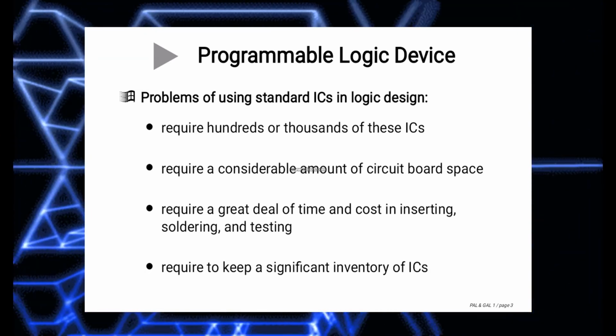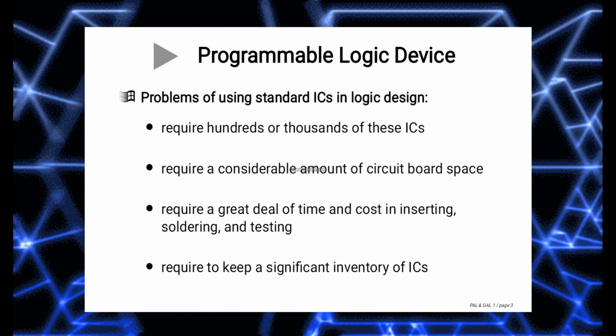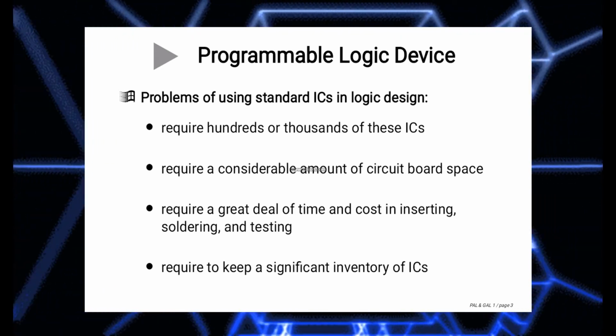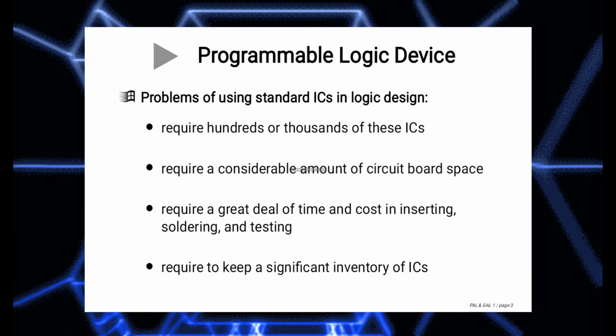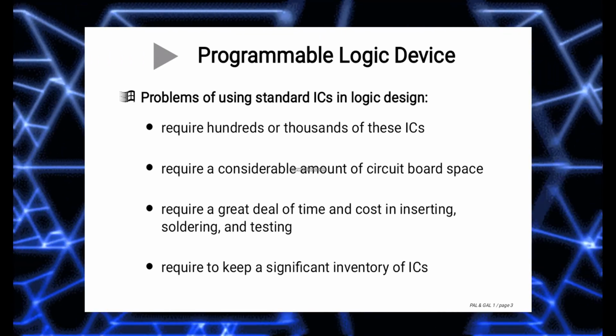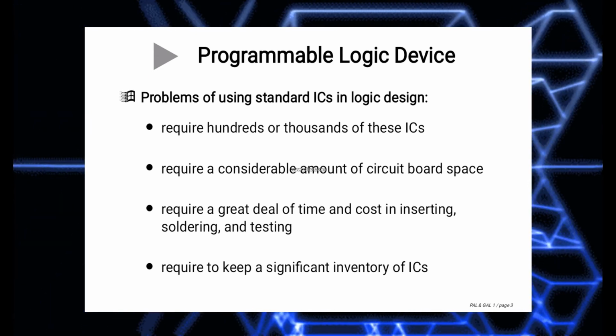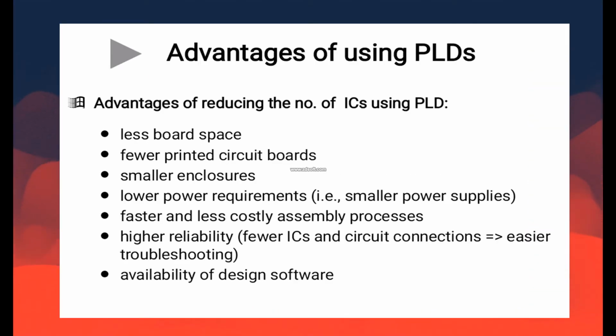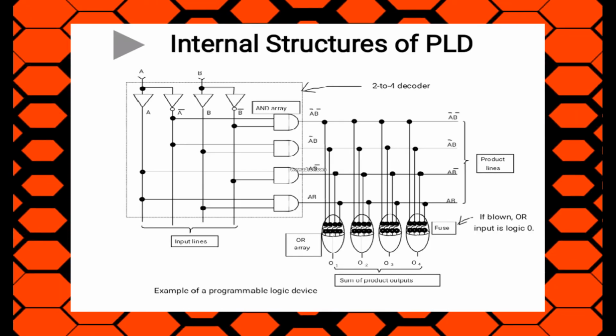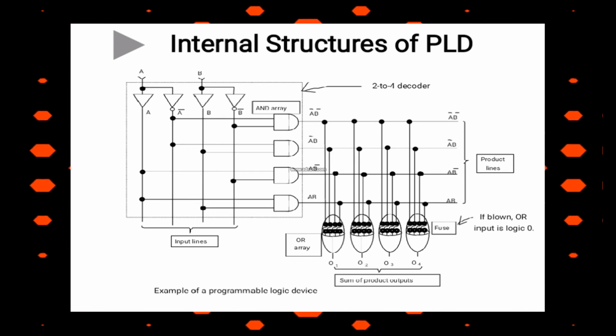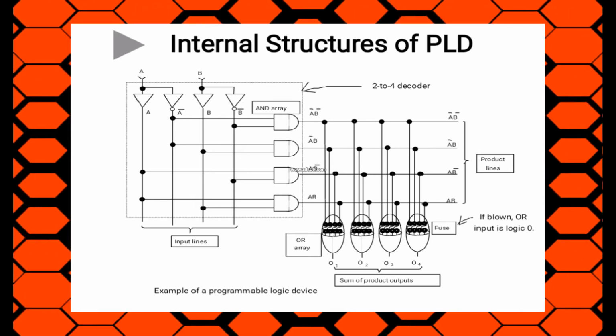The problems of using standard ICs in logic devices: they require hundreds or thousands of these ICs, a considerable amount of circuit board space, a great deal of time and cost in inserting, soldering and testing, and a significant inventory of ICs to be kept. The advantages of using PLDs: less board space, fewer printed circuit boards, smaller enclosures, lower power requirements, small power supplies, and availability of design software. The following logic diagram shows the internal structure of a PLD.